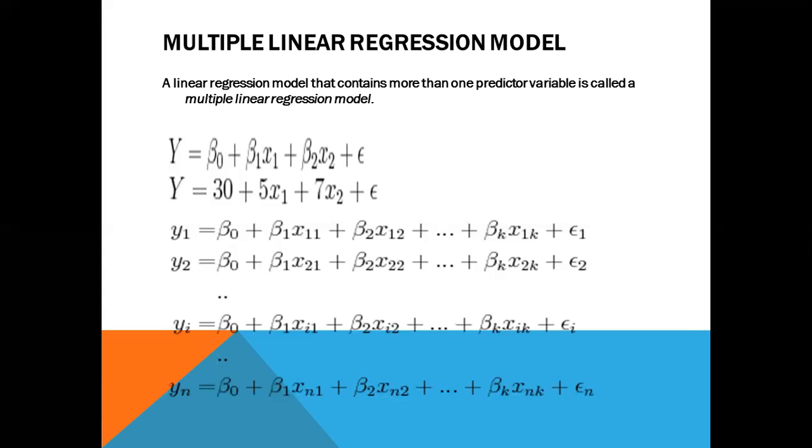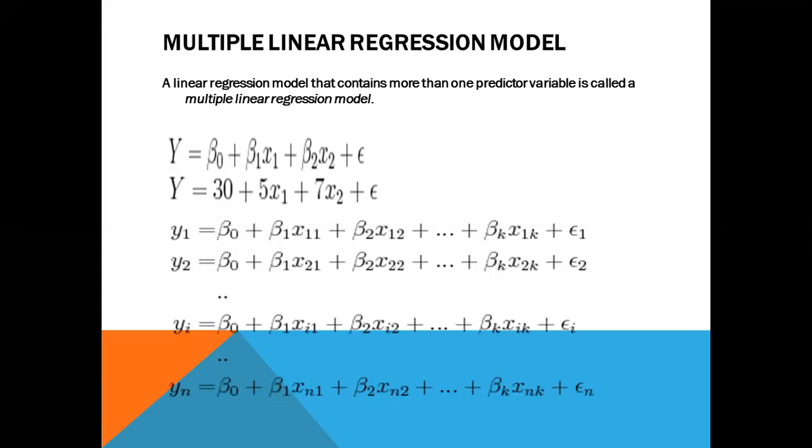So you can see the formula there for the multiple linear regression: y equals b0 plus b1x1 plus b2x2 plus epsilon. Okay, so in the simple linear regression, there was only one independent variable and one dependent variable.